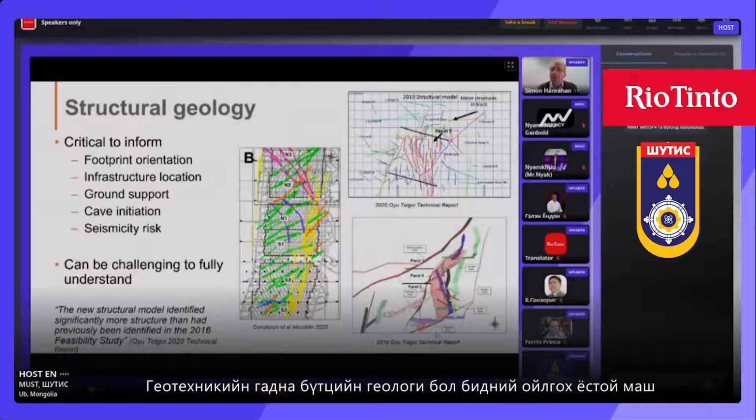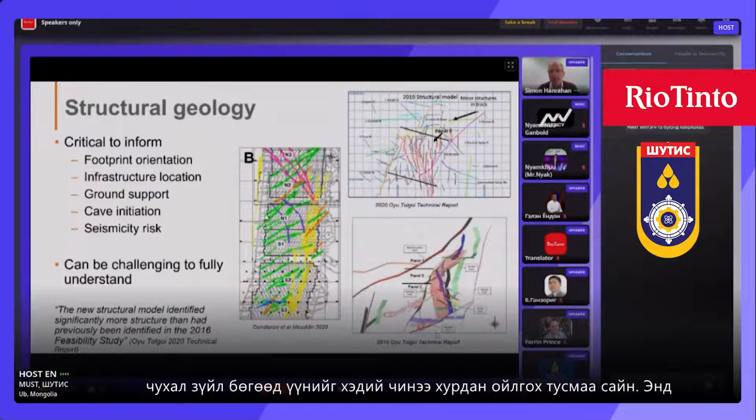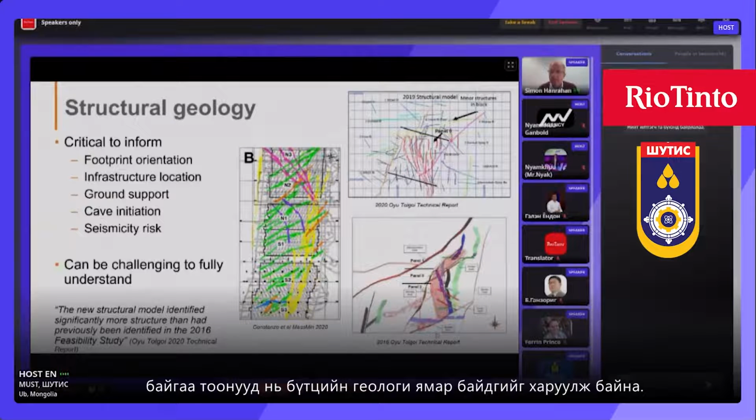Now, along with geotechnical, structural geology is a really important aspect that we need to understand, and the sooner we can understand it, the better. The figures here really illustrate what structural geology looks like. Essentially all the lines and all the colors in the various slides here are indicating some form of structure in the rock mass.